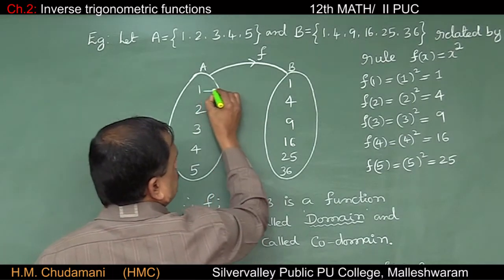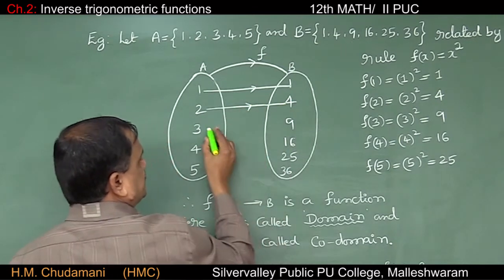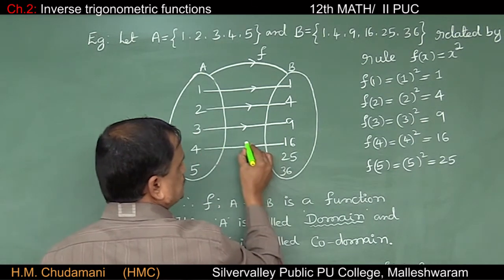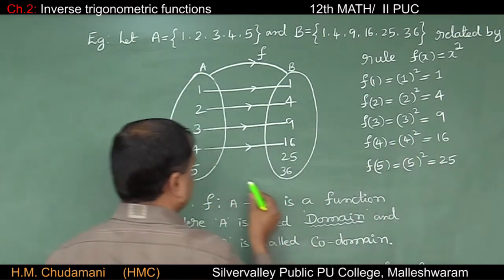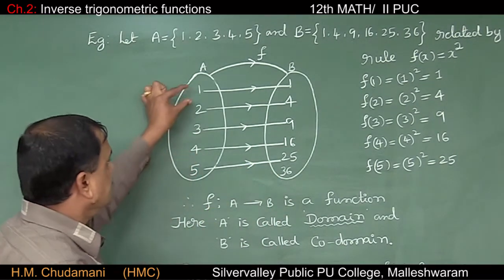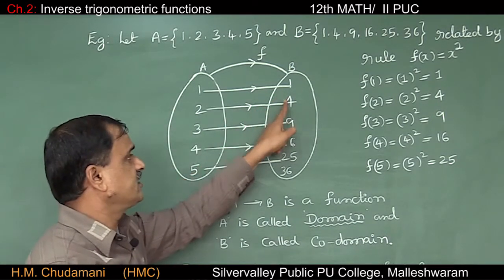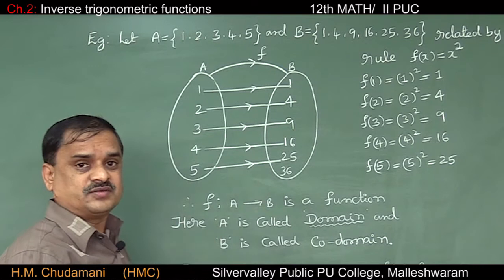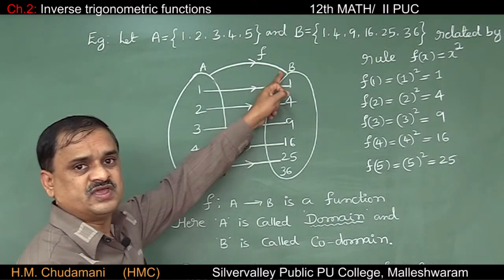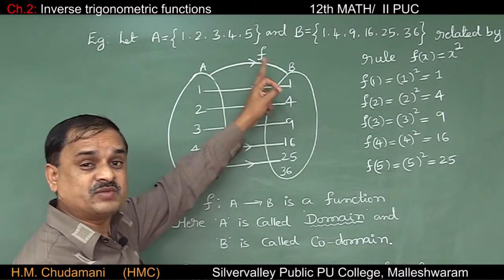So 1 is associated to 1, 2 to 4, 3 to 9, 4 to 16, 5 to 25. Each and every element of the set A is associated to a unique element of the set B. So here the function f is from A to B.